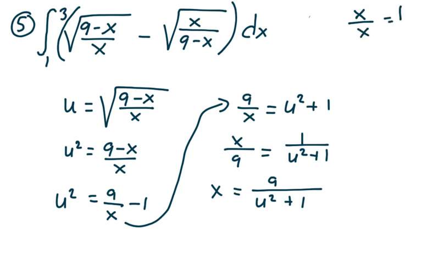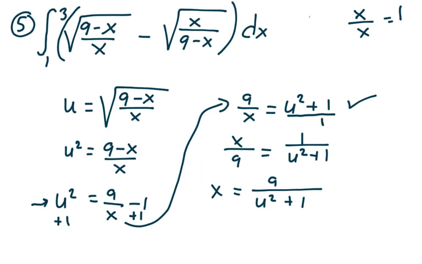And so that's how I get this line here. Now, add 1 to both sides, and we get 9 over x equals u squared plus 1. Now, pretend like this is over 1, and I'm going to take the reciprocal of both sides.